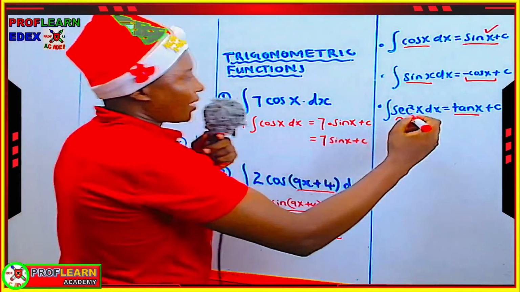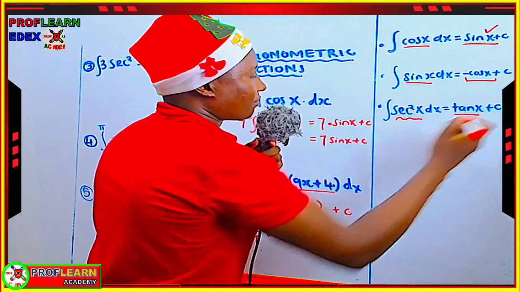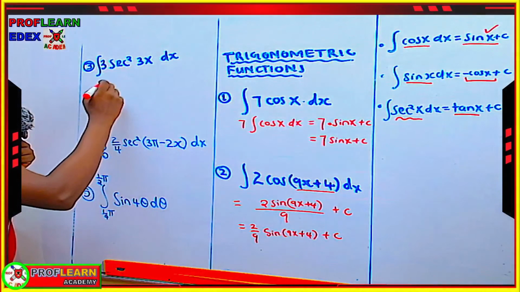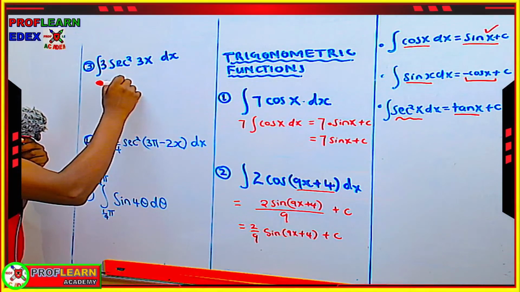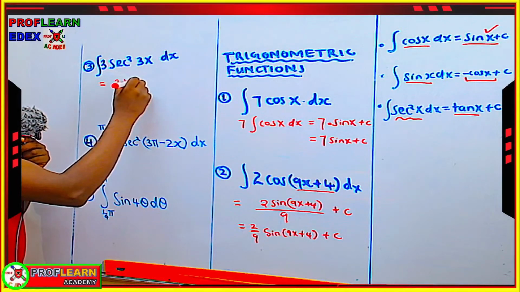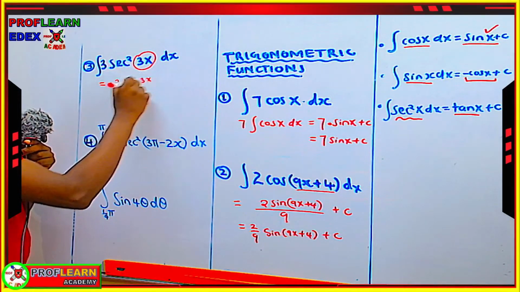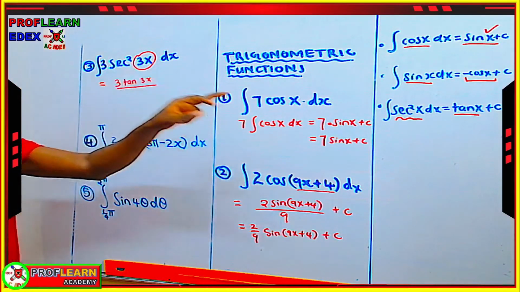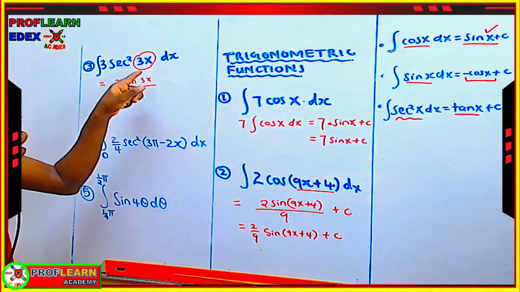But if you are integrating sec squared x, you're going to get tan x. So integrating this, we're going to get 3 tan x, but our x is 3x. Then we're going to divide, because this was not just x like the way we were having x here. We were having 3x.